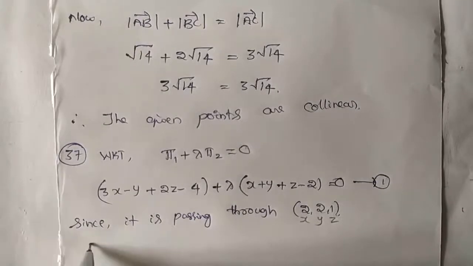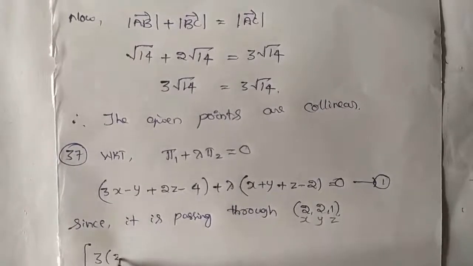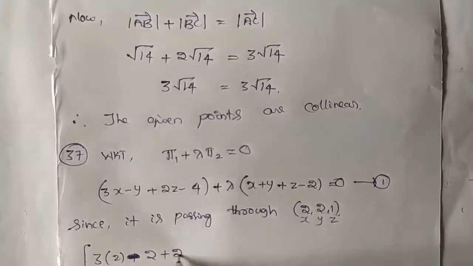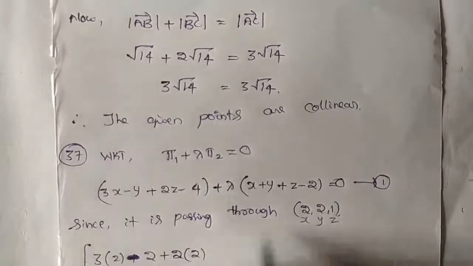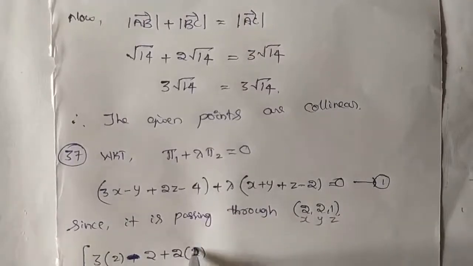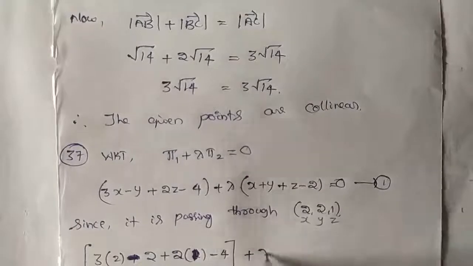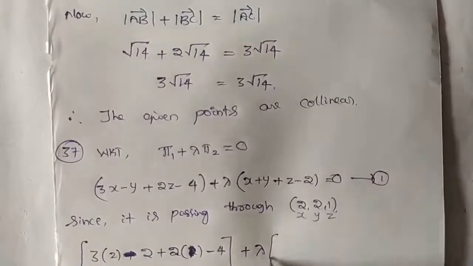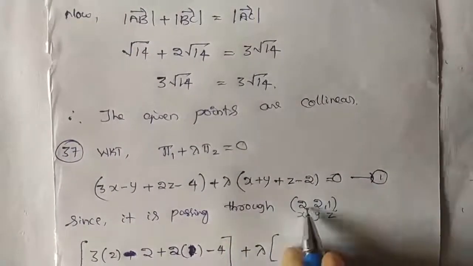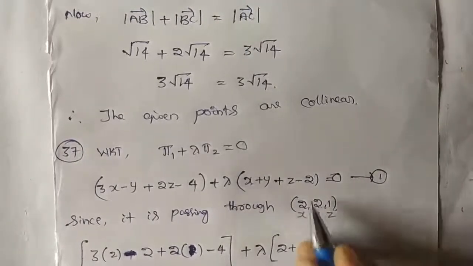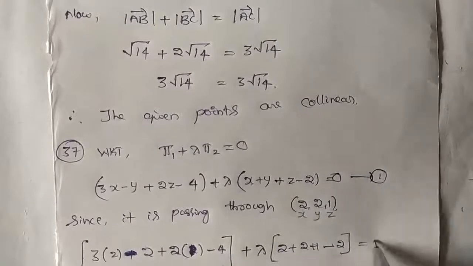So 3 into 2 minus 2 plus 2 into 1 minus 4 plus lambda into x plus y plus z minus 2, that is 2 plus 2 plus 1 minus 2 equals 0.